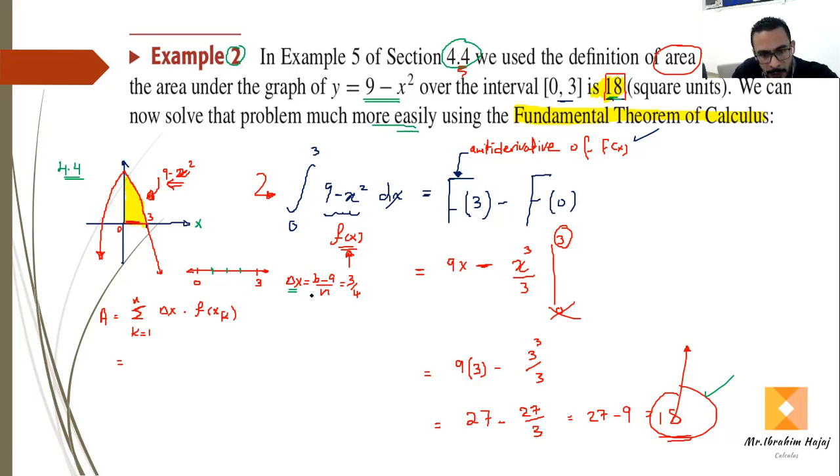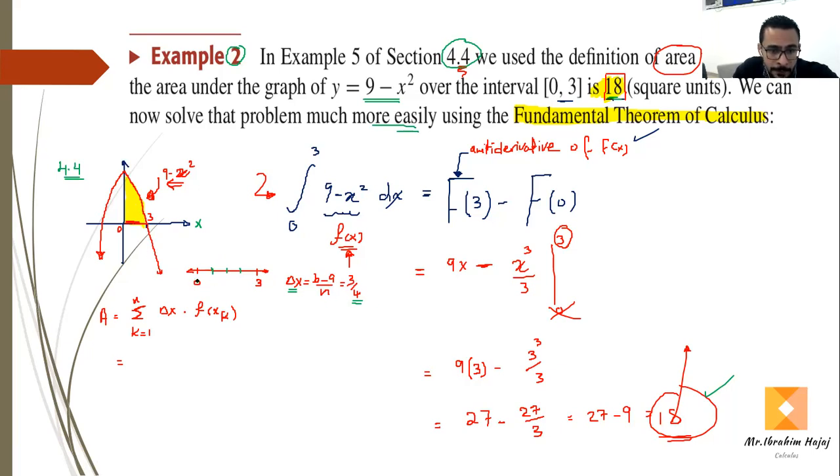I said 3 over 4 by using b minus a over n. I decided to divide this distance between 0 and 3 into 4 rectangles. So b is 3, the terminal point, and the initial point is a, which is 0. 3 minus 0 over 4 gives 3 over 4.